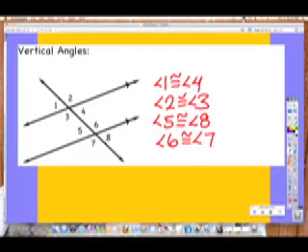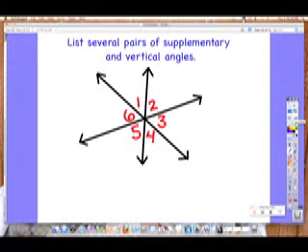It's not a pair, it's 3. Right? Right. Yeah.